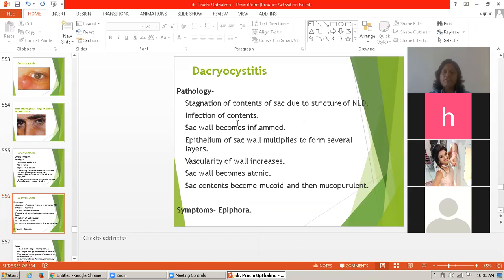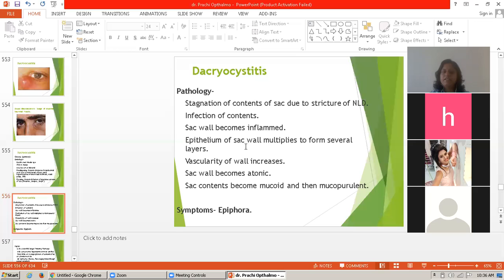In that there is infection of the content and the sac wall becomes inflamed. The epithelium of the sac wall multiplies to form several layers and the vascularity of the wall increases. The sac wall becomes atonic and the sac content becomes mucoid and then mucopurulent. So firstly there is stagnation of content of the sac due to stricture of the nasolacrimal duct. It leads to infection of the content and the sac wall becomes inflamed.